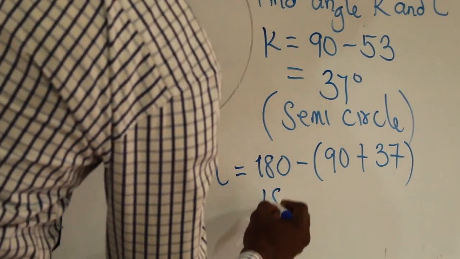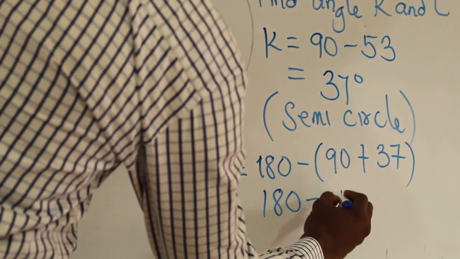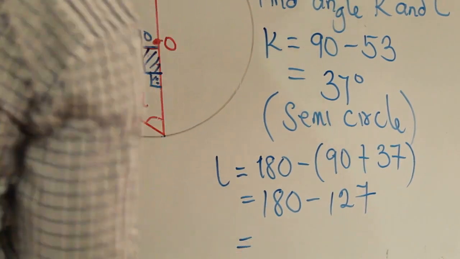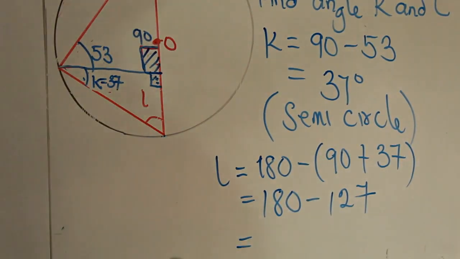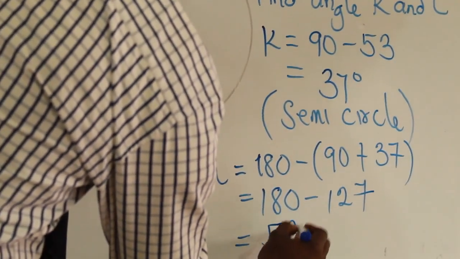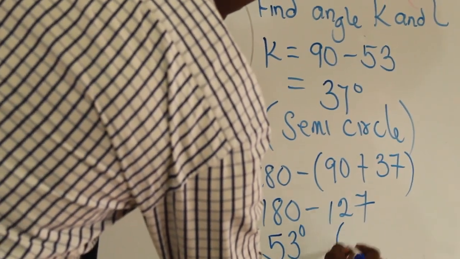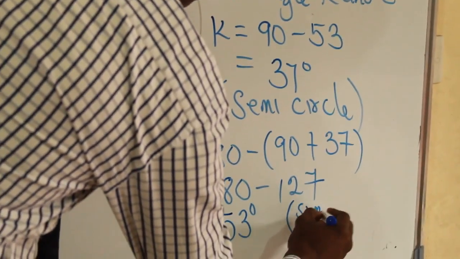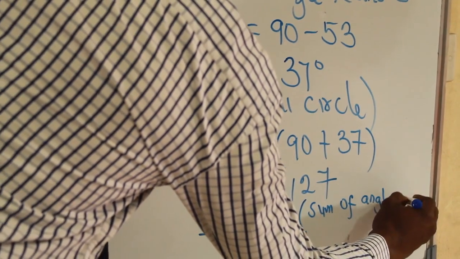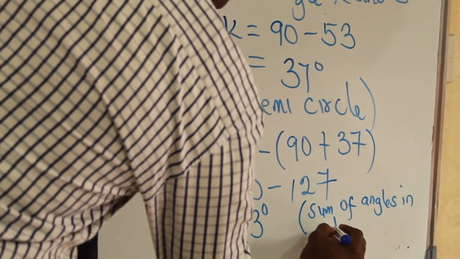The sum of 90 and 37 is 127. And when that is subtracted from 180, the answer will be 53 degrees. The reason is sum of angles in a triangle.